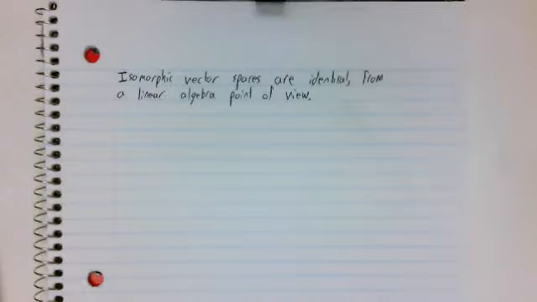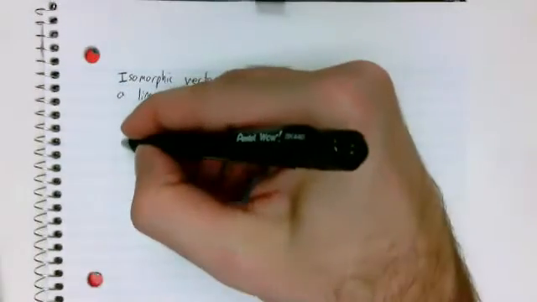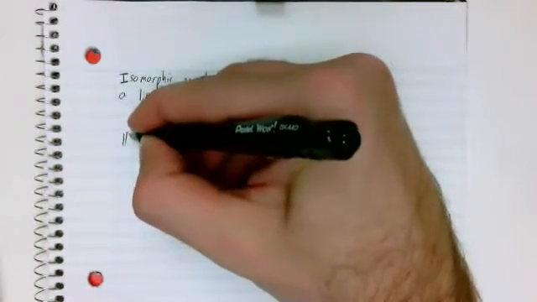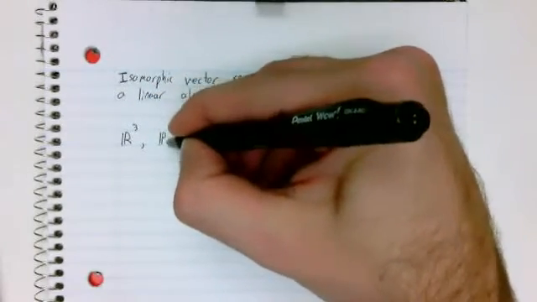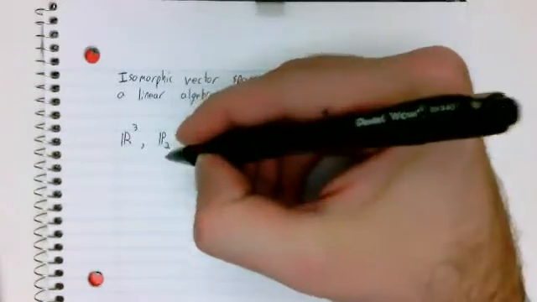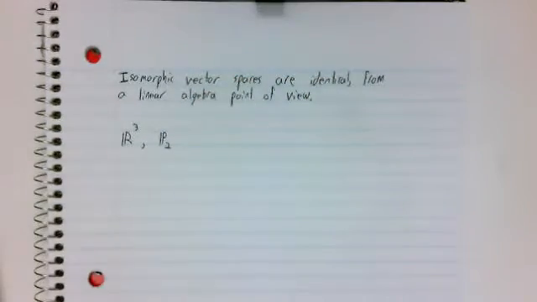Isomorphic vector spaces are indistinguishable from one another. So, for example, R3 and P sub 2.